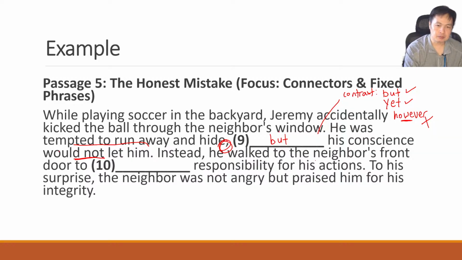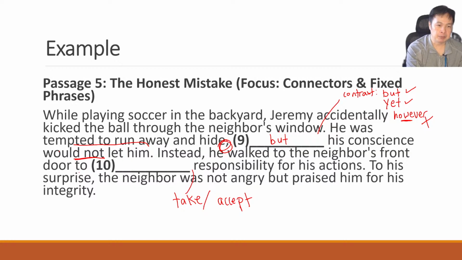Next, instead he walked to the neighbor's front door to blank responsibility for his actions. So we're going to use a bit of a fixed phrase here. We usually say we take responsibility for our actions, or we accept responsibility for our actions.